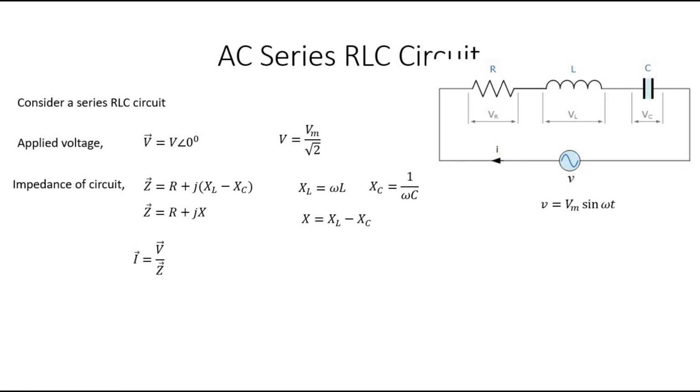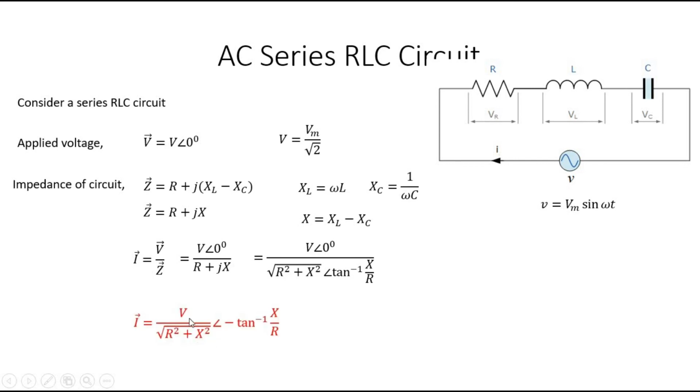So again I is equal to V by Z, so V angle 0 by R plus JX. Then we have to convert this into polar form. So the root of R square plus X square is the magnitude, and tan inverse X by R is the angle.